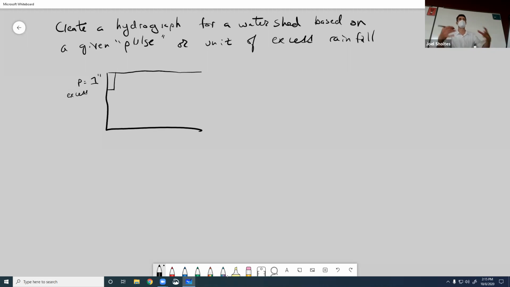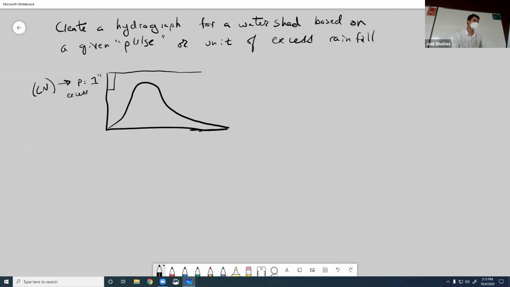Based on that rainfall and the land cover types, we've figured out how much is actually running off. So you do that curve number method, you get that runoff volume or depth from the watershed. And then you're going to have some sort of hydrograph that comes out as a response to that.